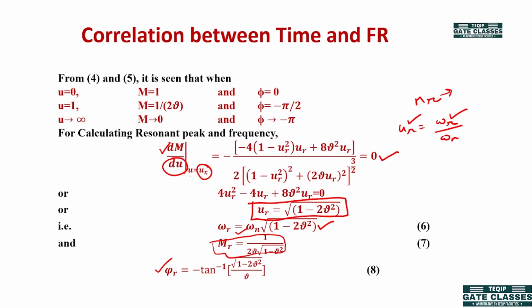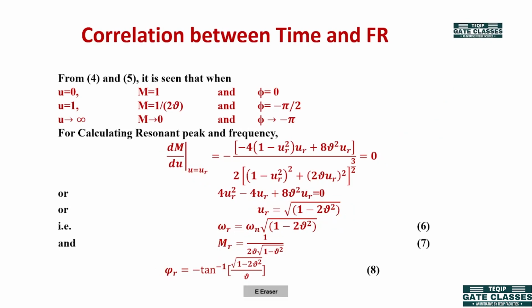From this we can see our omega r is dependent upon zeta. And if we remember in time domain analysis, our omega d is equal to omega n under root 1 minus zeta square.